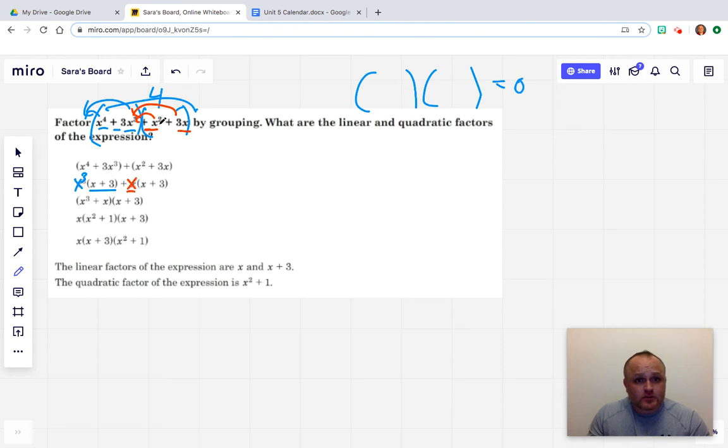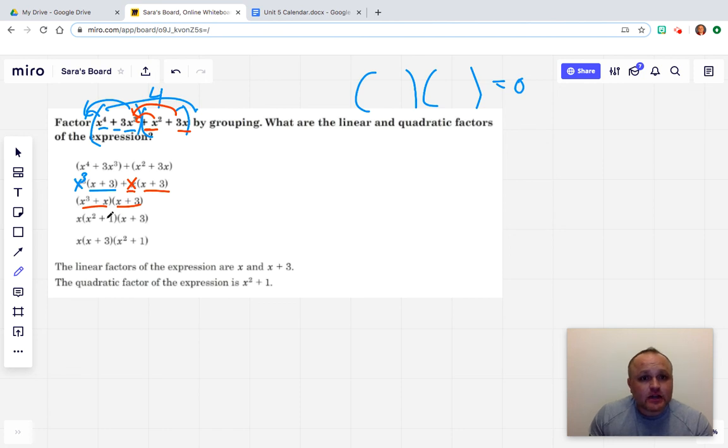And what scraps are left? If I pulled out an x, 3 would be left over, which is what you see here. Okay? Now remember, this is factor by grouping. What's outside of the parentheses is one of your factors. What's inside should be the same. Carbon copy. If it's not, it's wrong. That will be your other factor.